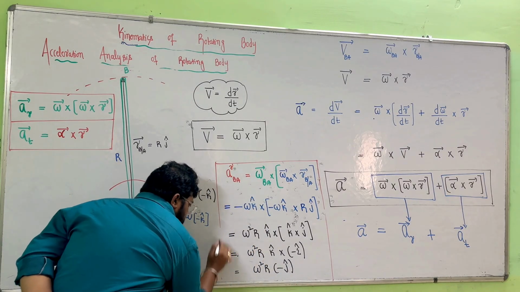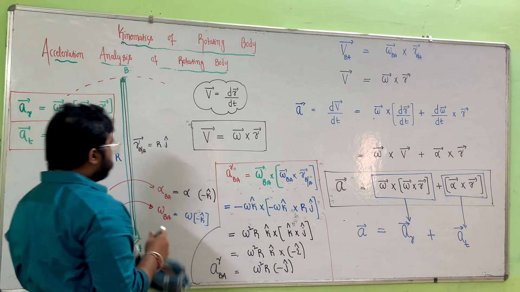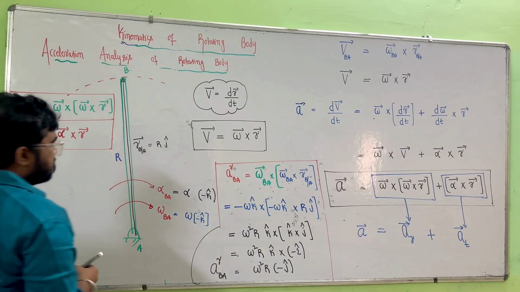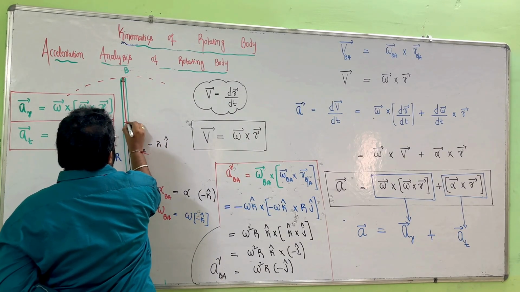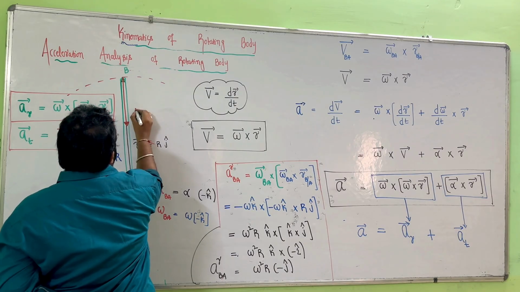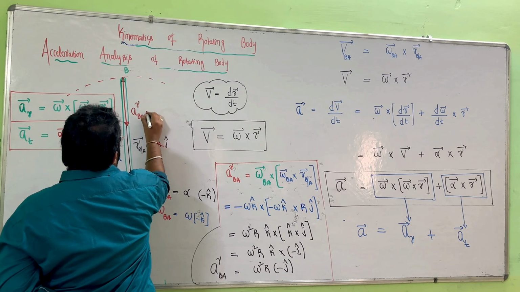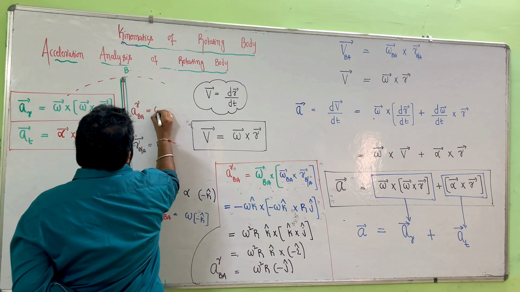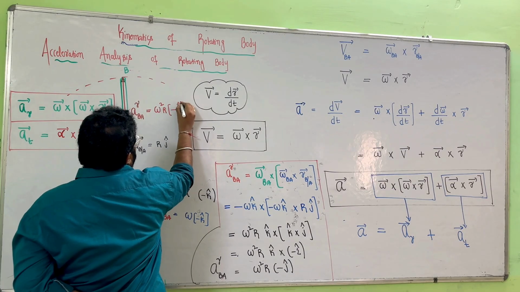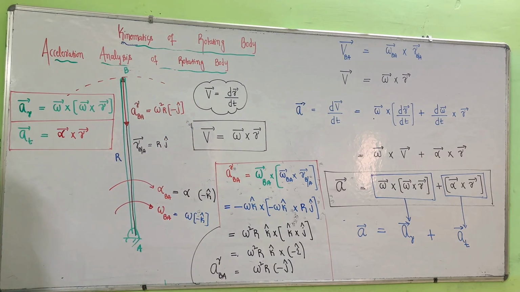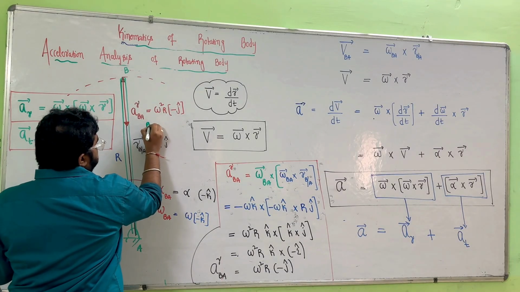Radial acceleration of point B with respect to point A is along negative y axis, from B to A, towards the center.